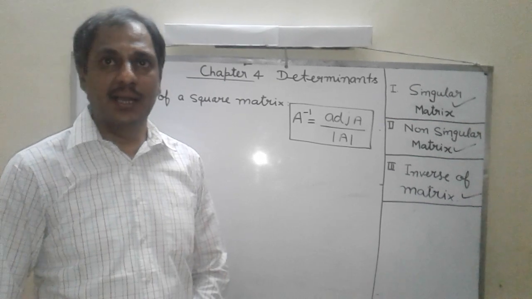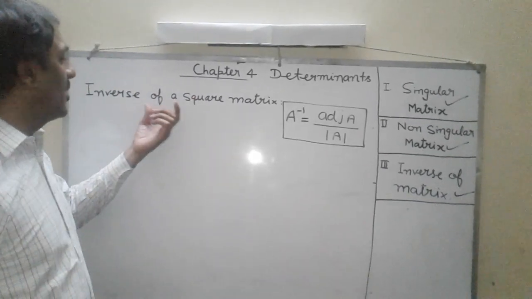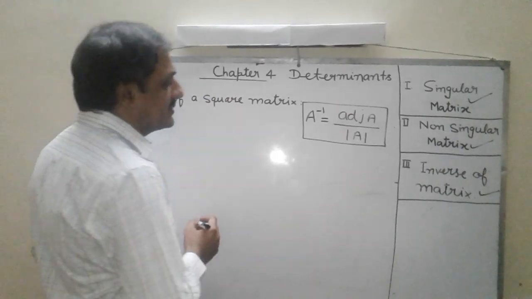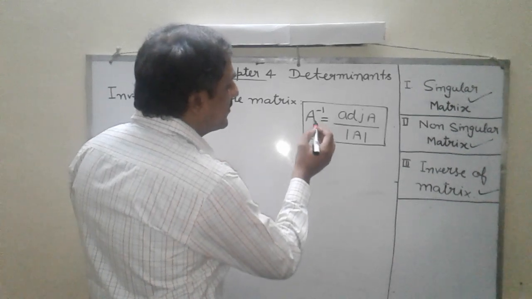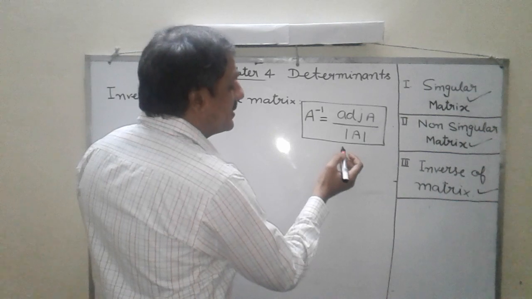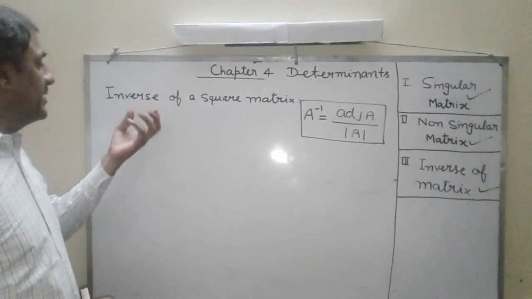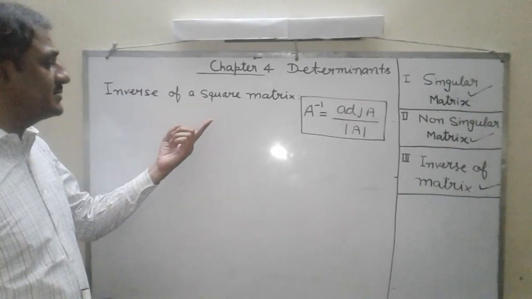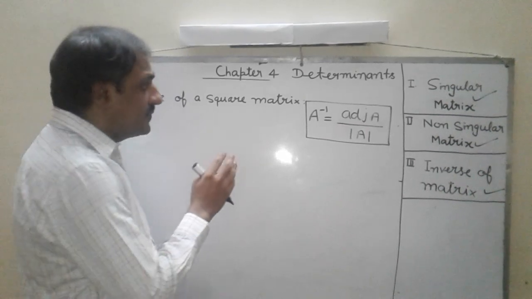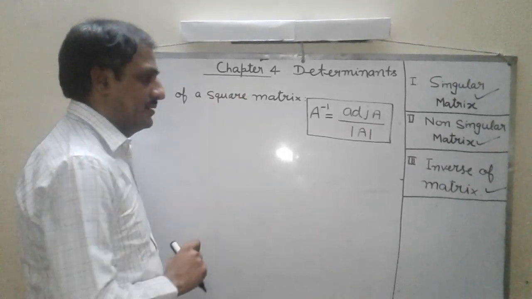Now we are moving ahead with our next topic, that is inverse of a square matrix. Inverse of a square matrix is given by A inverse is equal to adjoint of A upon determinant of A. We can find the inverse of a square matrix if and only if the square matrix is non-singular.